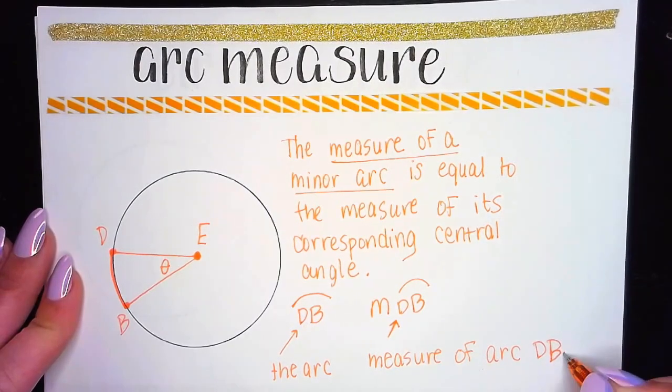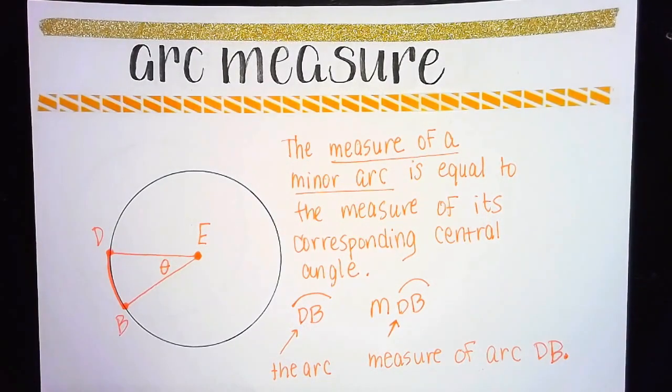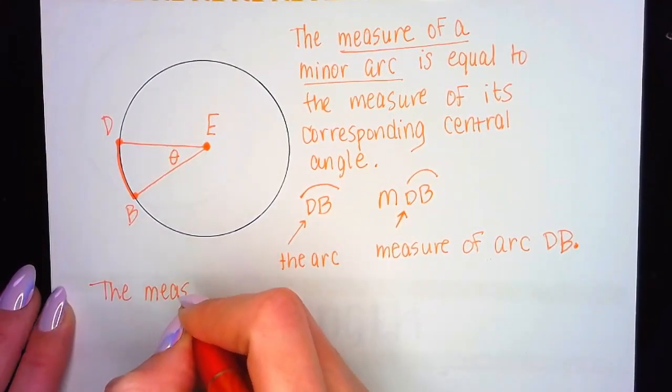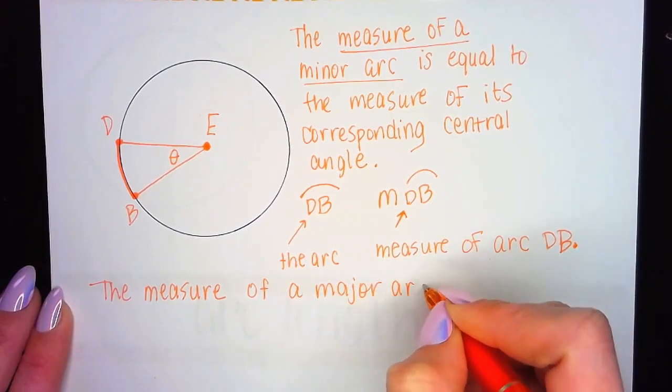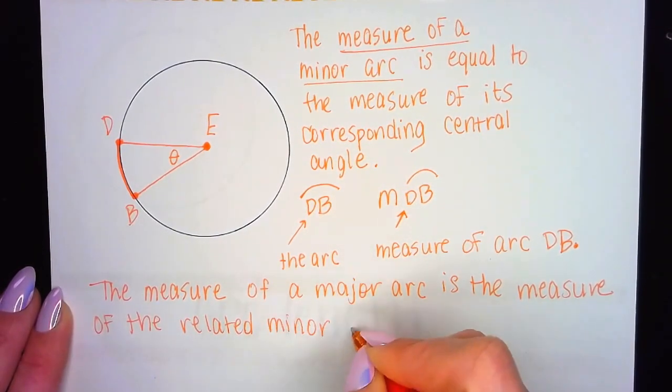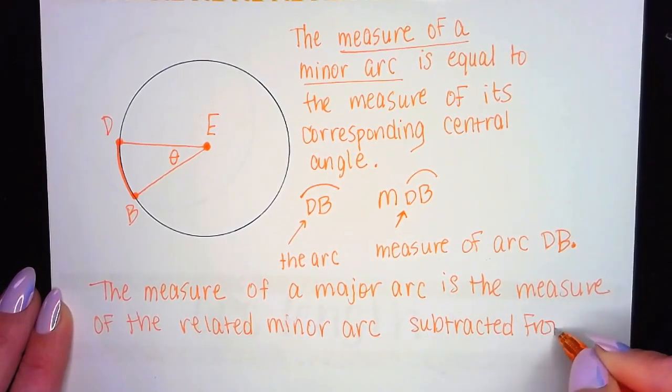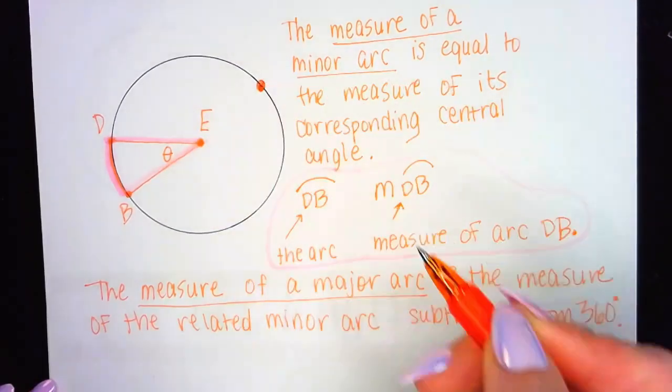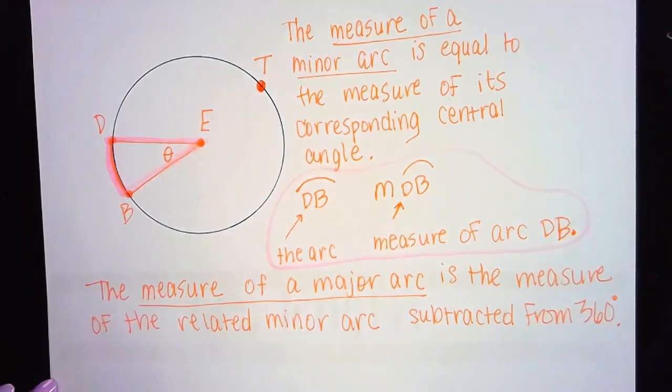What about a major arc? Is there a difference? Should I be describing this differently? How am I supposed to describe a major arc if that's how we describe a minor arc? The measure of a major arc is the measure of the related minor arc subtracted from 360. I need some notation as well. I'm going to have to put a point somewhere over here.